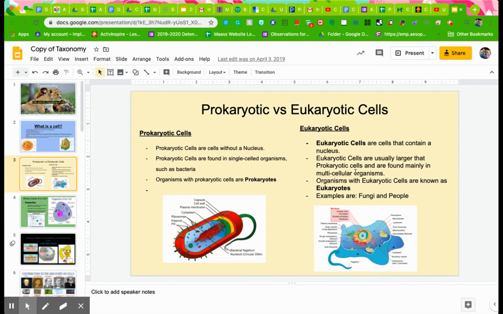So all our cells are going to be eukaryotic. Eukaryotic and multicellular go together. People and other animals are good examples of eukaryotic organisms. We will get more in depth as we learn more, so this is basic today.